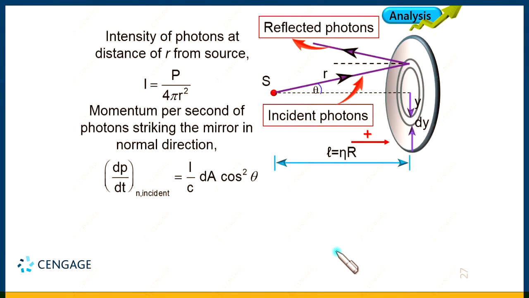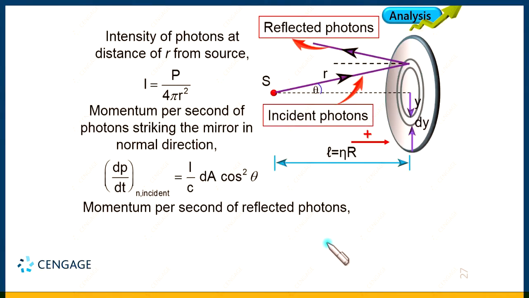That means the momentum per second reflected by the plate, dp by dt, should be equal to minus I divided by C dA cos square theta multiplied by rho, where rho is the reflection coefficient.